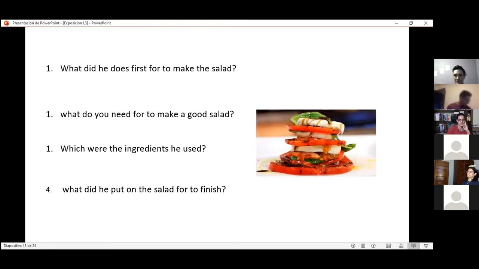What did you say? Cut the tomatoes. Yes, it's correct. It's completely correct. He cut the tomatoes to begin the salad.